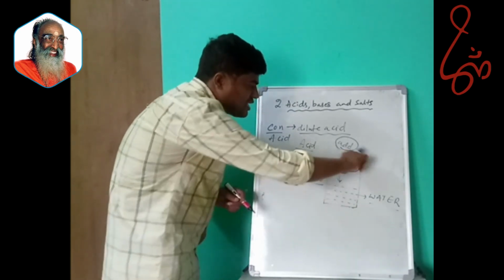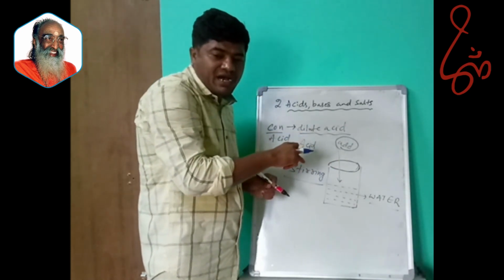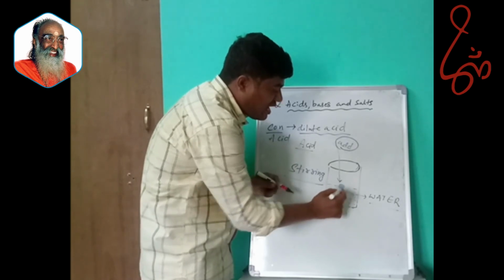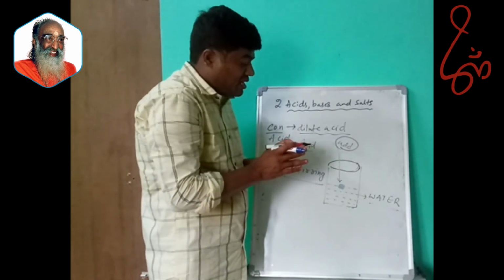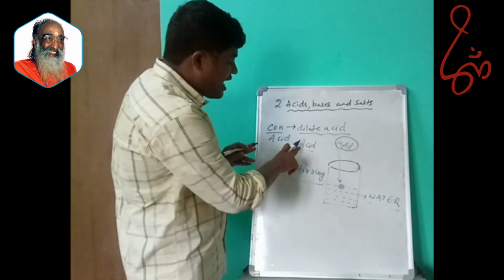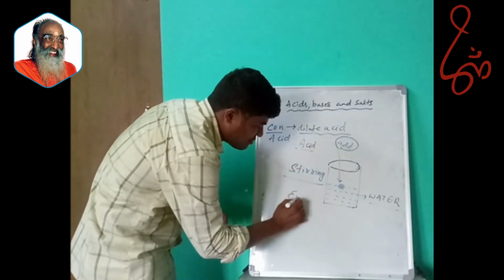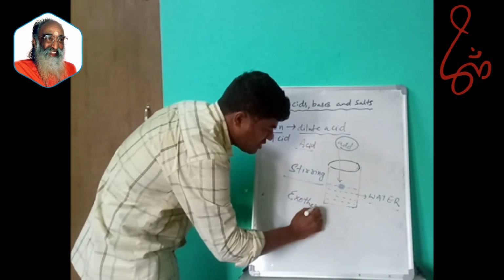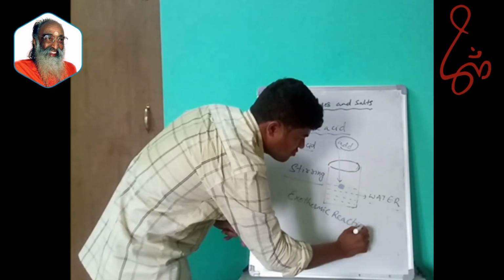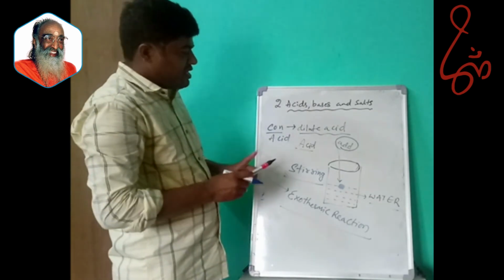You have to use a glass rod and stir the water when you are adding acid, or else the heat may be concentrated at one place and it may result in explosion, because adding acid to water is an exothermic reaction. Are you understanding here?